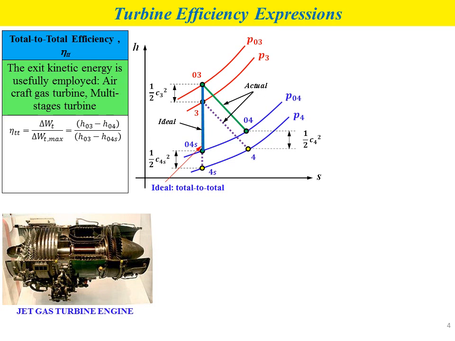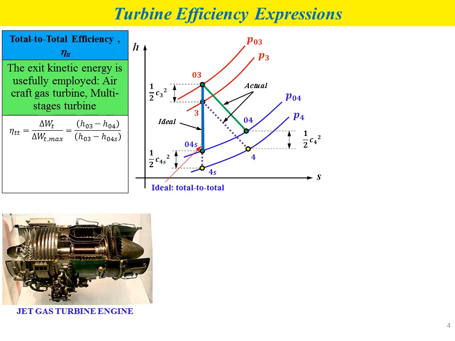Delta WT represents the enthalpy difference for the actual process, while delta WT maximum represents the enthalpy difference for the ideal expansion process. This equation also equals H03 minus H04 divided by H03 minus H04S.